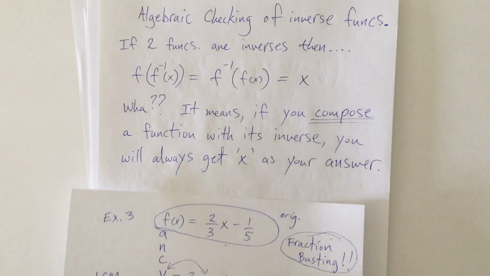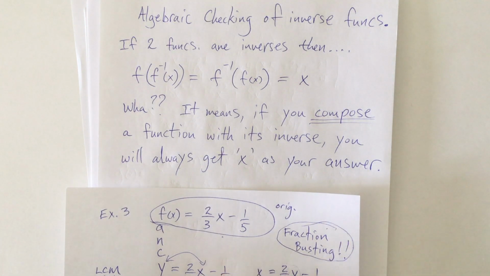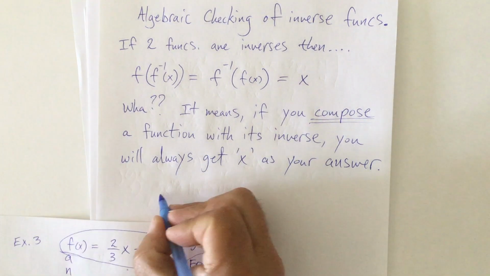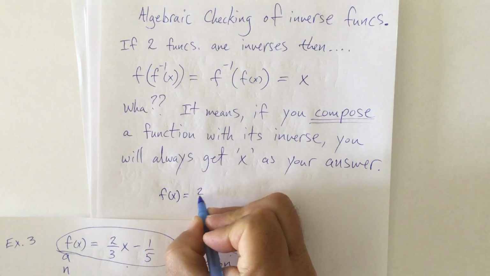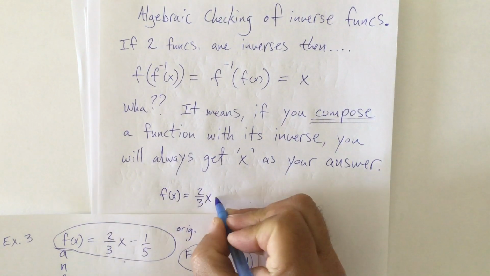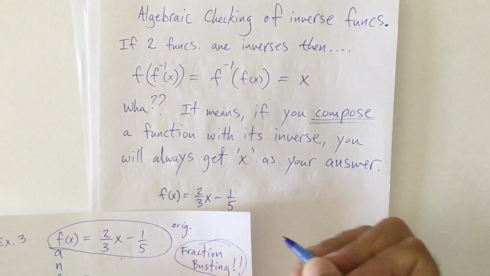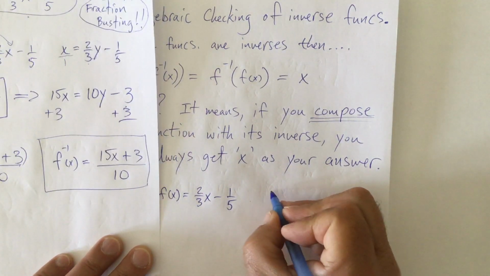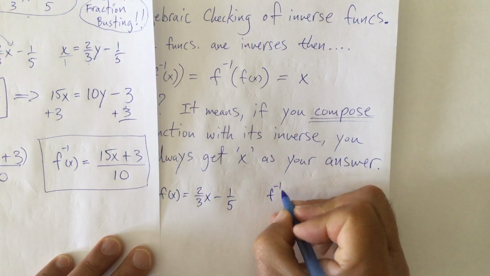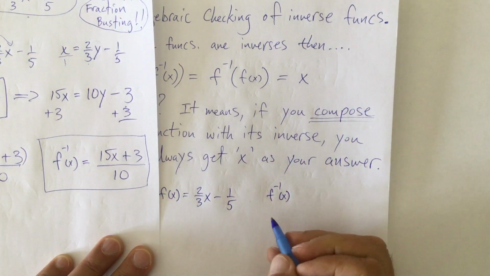So let me show you this one, right? So we did f of x, here was my original problem. F of x equaled 2/3 x minus 1/5. Then, when we did the algebra, we got this answer. F inverse x, this is from example 3.